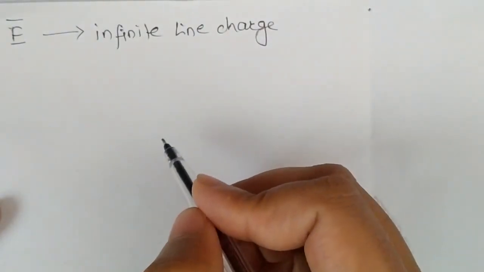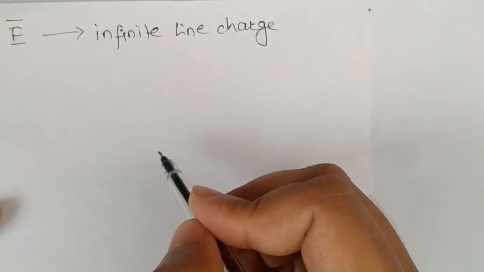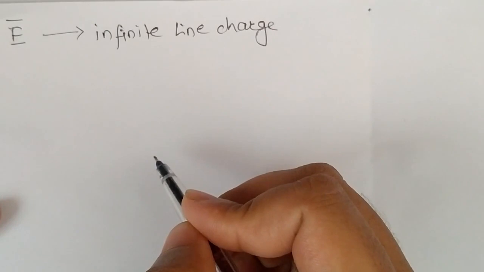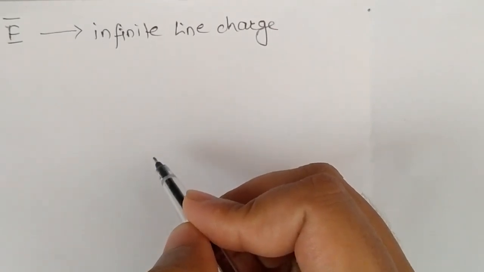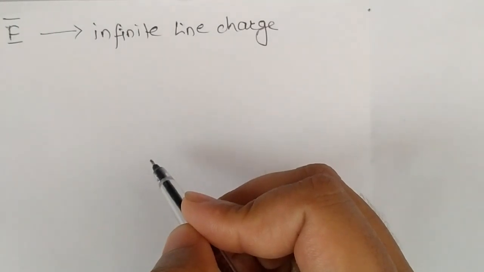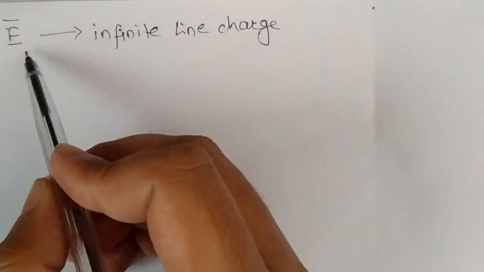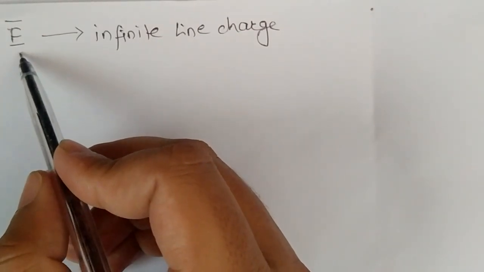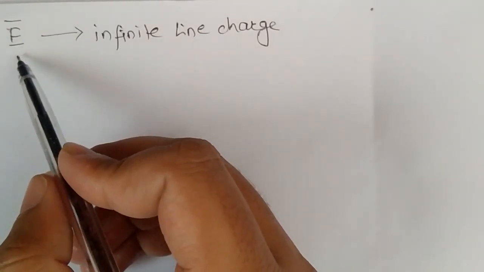So students, if you see the university syllabus for your batch, they have modified the syllabus, and under Unit 2 they only mention the terminology, that is, electric field intensity or electric field E bar.